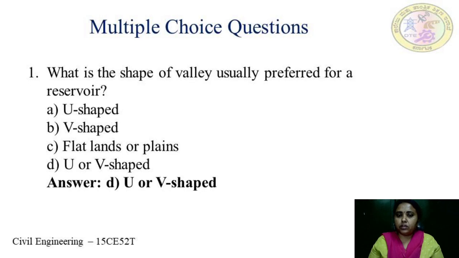So the answer is D, that is U or V-shaped, because U-shaped are glacial valleys, whereas V-shaped are river valleys, or a broader scenic valley, generally preferred for reservoirs rather than flat lands and plains, because those are more convenient places for reservoirs.